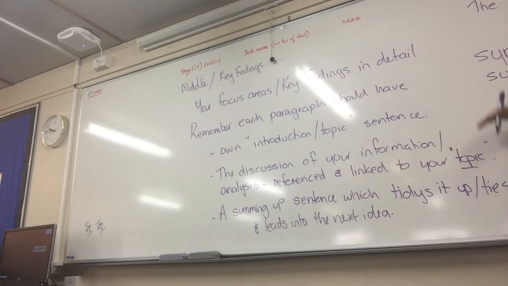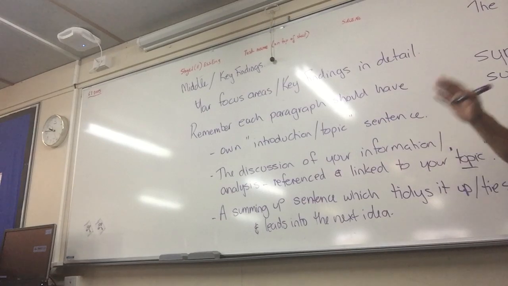In the discussion section, so in the middle of the paragraph, is where you're providing me with the details, the analysis, the backup, the references, the substantiation of your ideas. And then at the end of the paragraph, it's a little bit of a summing up and leading into your next topic or your next paragraph that you're going to be looking at. Okay, make sense so far?